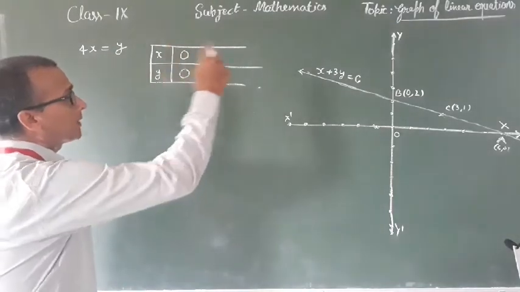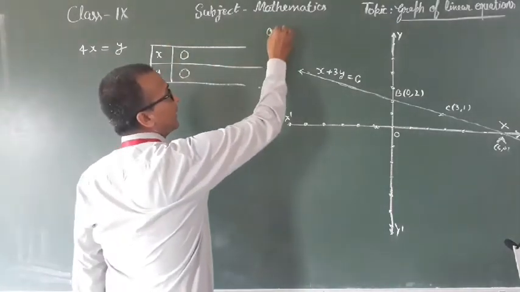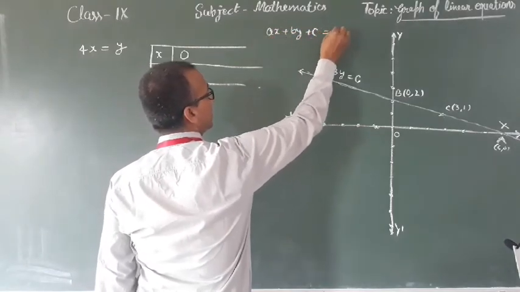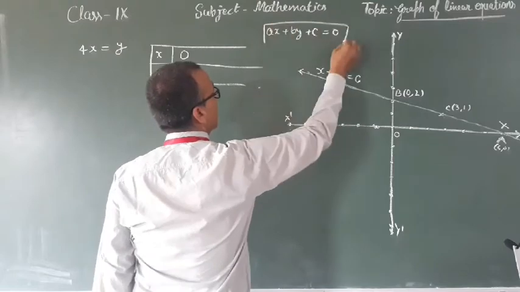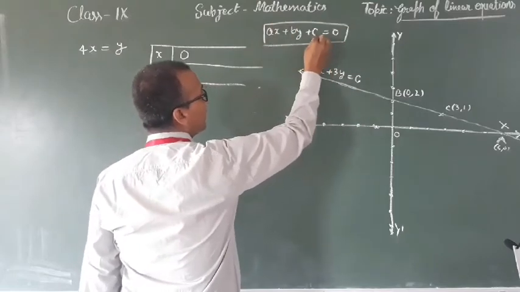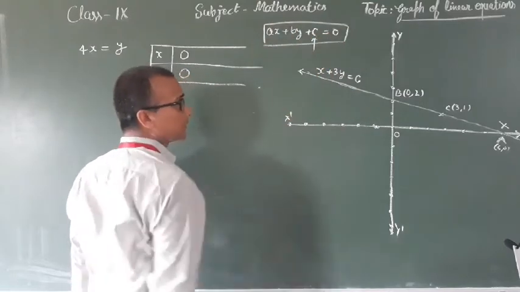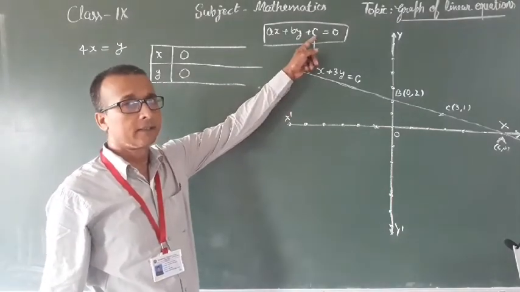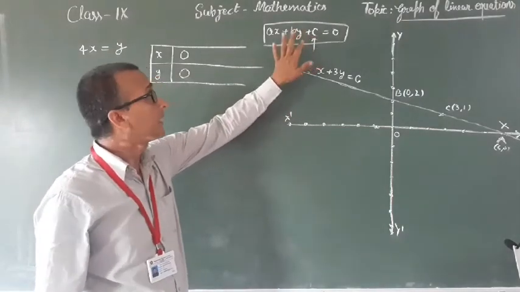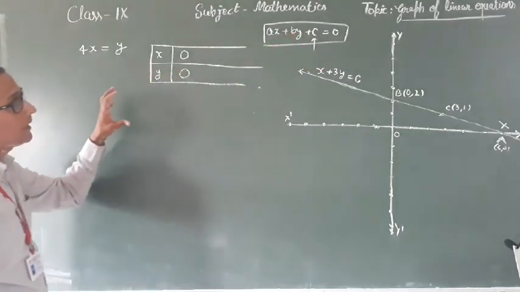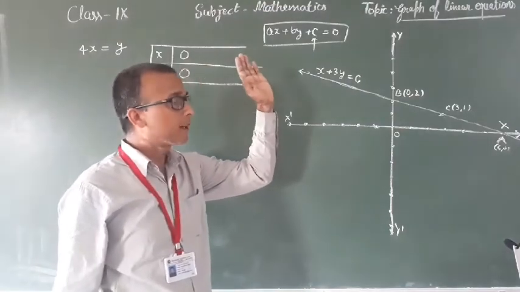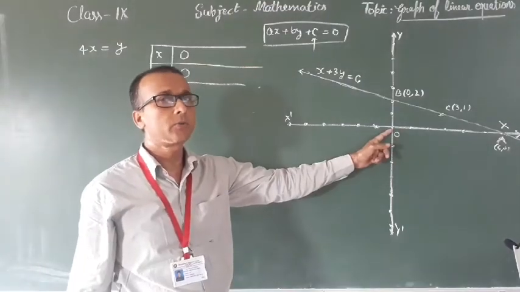The standard form of equation is ax plus by plus c is equal to 0. I am saying about this constant term. If it is absent, it is 0, then the line or that linear equation after plotting that will pass through origin.